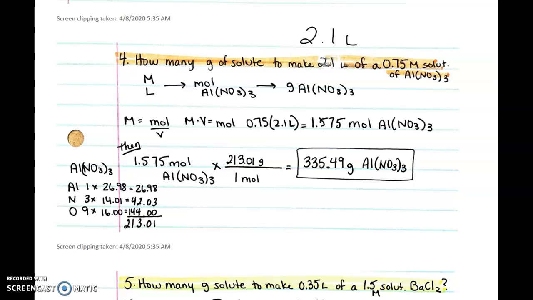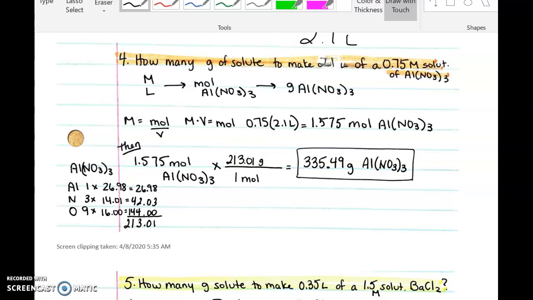So I was more concerned that you could do this part, which is given the molarity and the liters, you can find the moles of your solute, the stuff that goes into your solution, and then find the grams of that. So we have our molarity equals moles over volume. You change it because you're trying to find the moles, plug in your information, then you take that moles result and you multiply that by the grams per mole, and you get the answer.